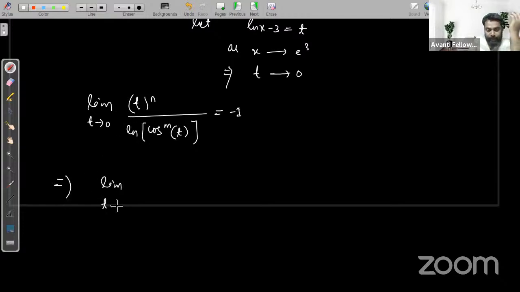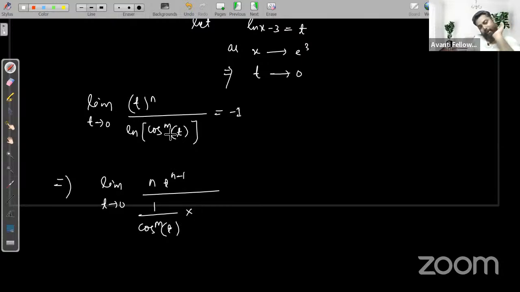Limit t tending to 0, this becomes n into t to the power n minus 1 divided by 1 upon cos to the power m of t, into the derivative of cos to the power m, that is m into cos to the power m minus 1 of t into the derivative of cos t, minus sine of t.